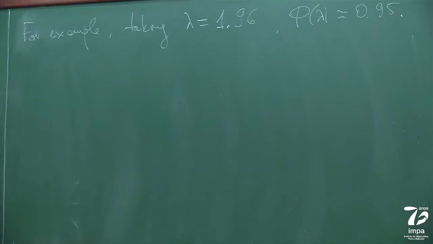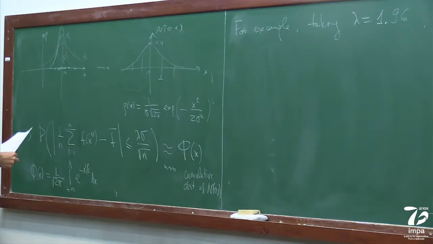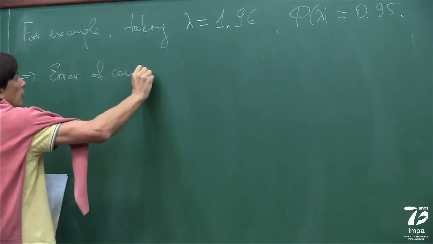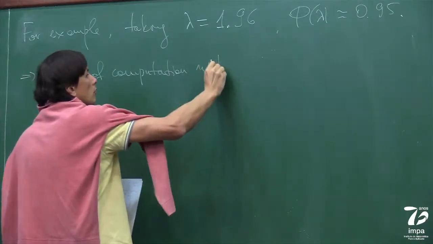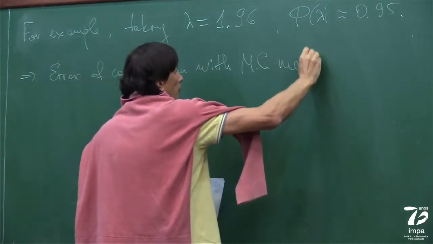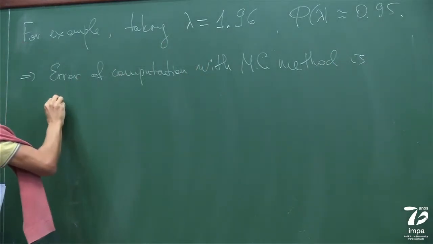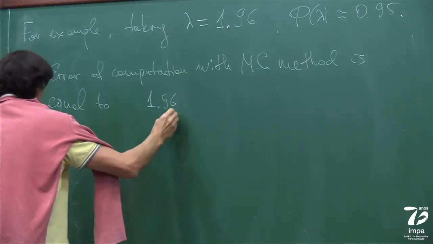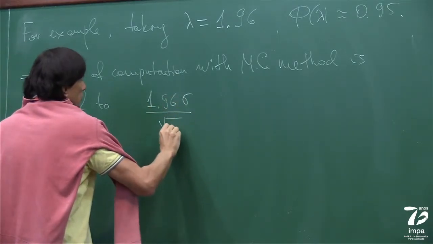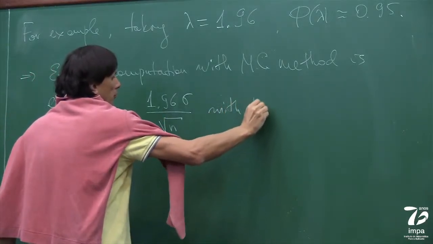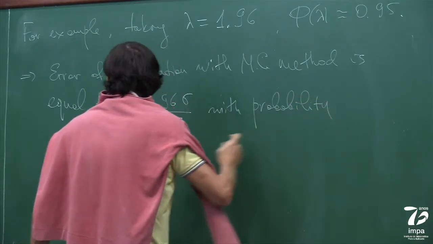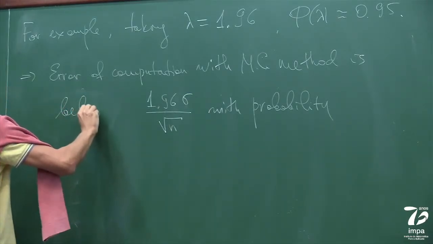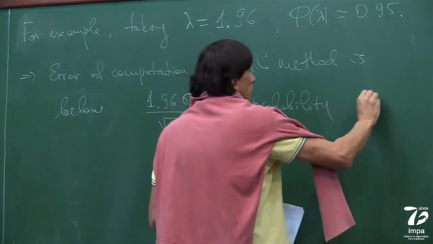So it means that the error of computation with the Monte Carlo method is equal to this 1.96, so essentially 2 times sigma divided by square root of n, or smaller than this, with a probability of 95%.